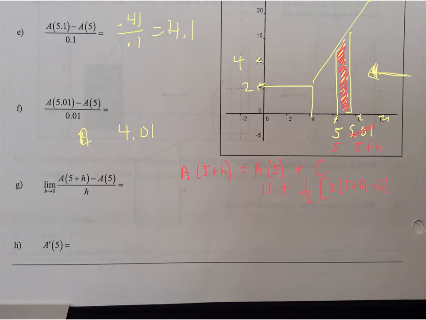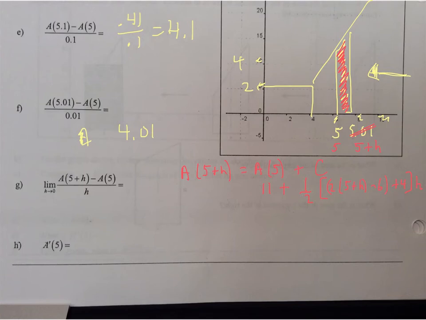So we have to take one base, add the bases together. So half the sum of the bases. And then we have to multiply it by the height. Sorry, I really should have said multiply it by the base length, and our base in this case is h. So we have a little bit of computation to do here.